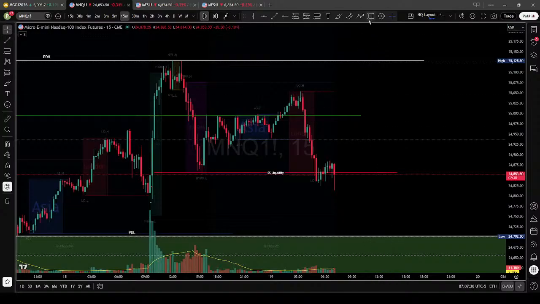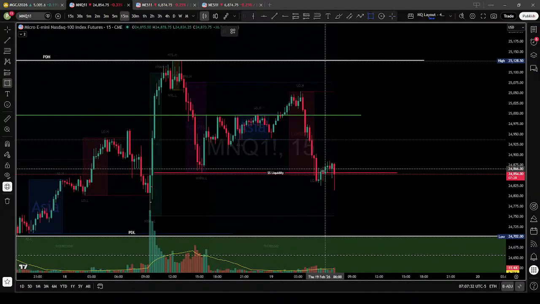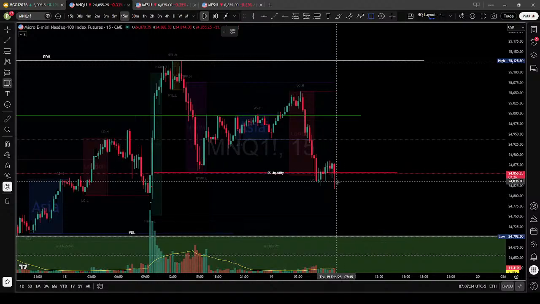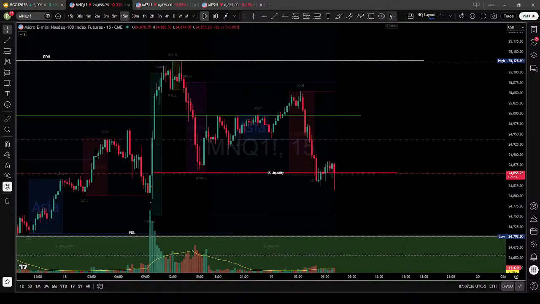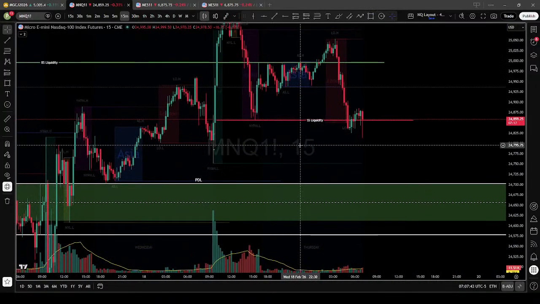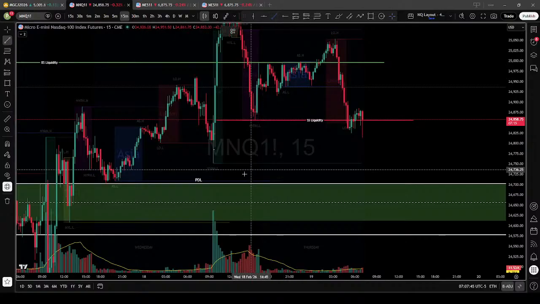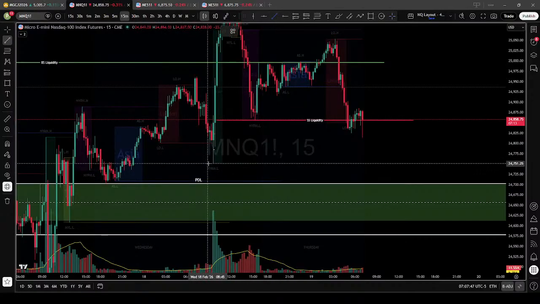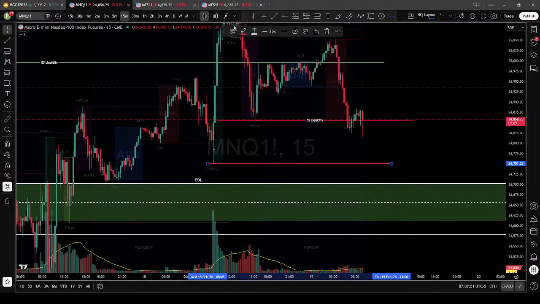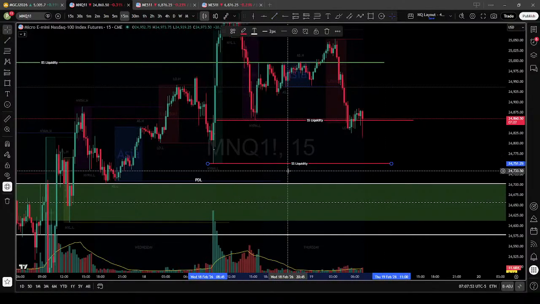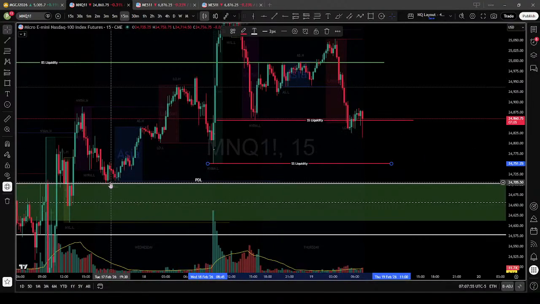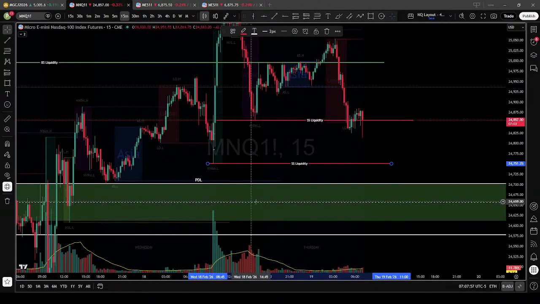So until and unless on a 15-minute time frame we see any structure change, we are not interested in any longs, because there are sell sides open here. See this wick here. This wick says the same story. This wick has liquidity here. Asia session low is also one of the liquidity levels.